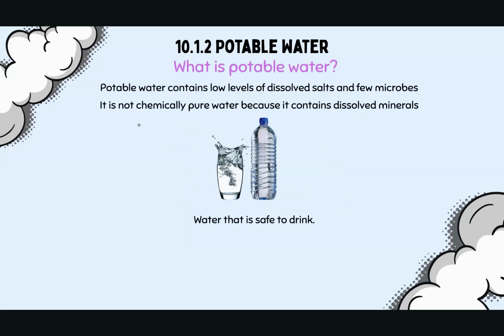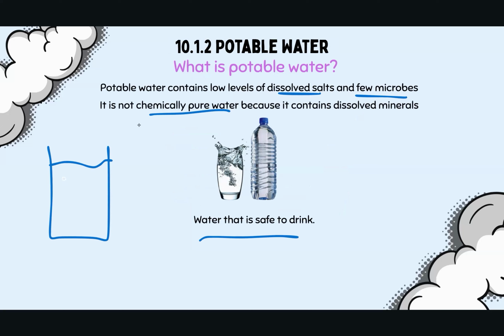Now, what is potable water? So potable water just means water that's safe to drink. Now, potable water contains low levels of dissolved salts and a few microbes. So that means it's not chemically pure because it contains dissolved minerals. Chemically pure would mean it contains H2O and nothing else.